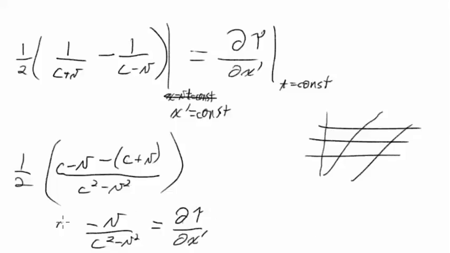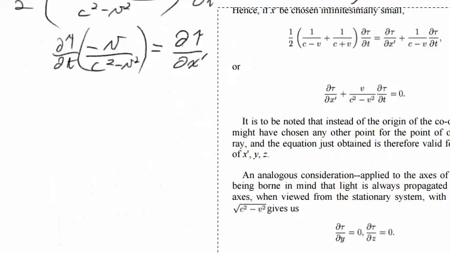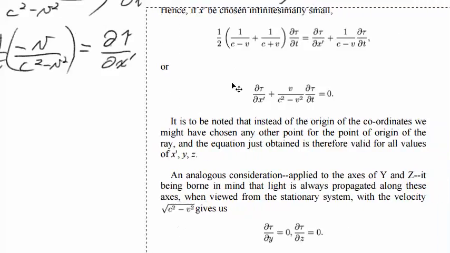I left out the del tau del t. I left it out up here. Del tau del t. And so from there we can return to the text, which says del tau del x prime plus v over c squared minus v squared equals 0.